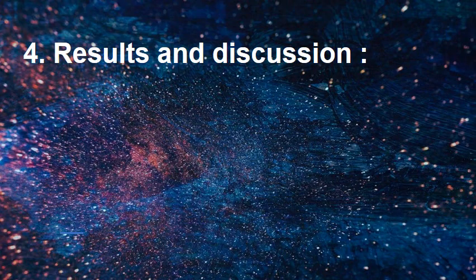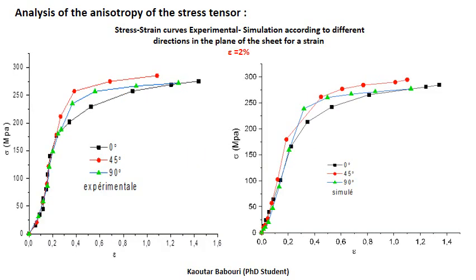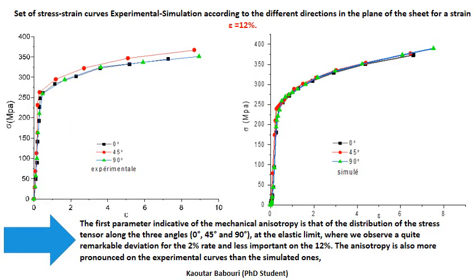Now results and discussion. We will start by stress strain curves for different strains. We will analyze the credibility of simulation and the anisotropy of the stress tensor. Here we have stress strain curves, experimental and simulated, for a strain equal to 2% and here for 12%.